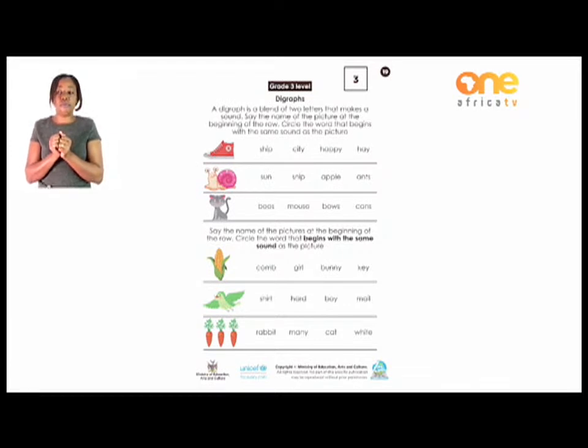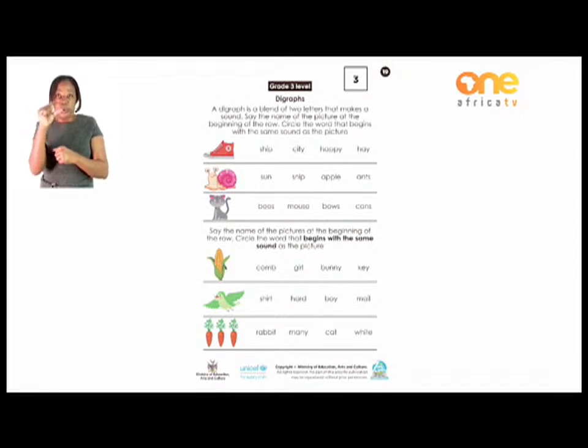If 2 letters come together and make one sound, that is a digraph. So now we have the digraphs which are here, but to get the sound and the correct answer, we have to check the picture which is given to us. Then we will know what sound is represented by the picture.